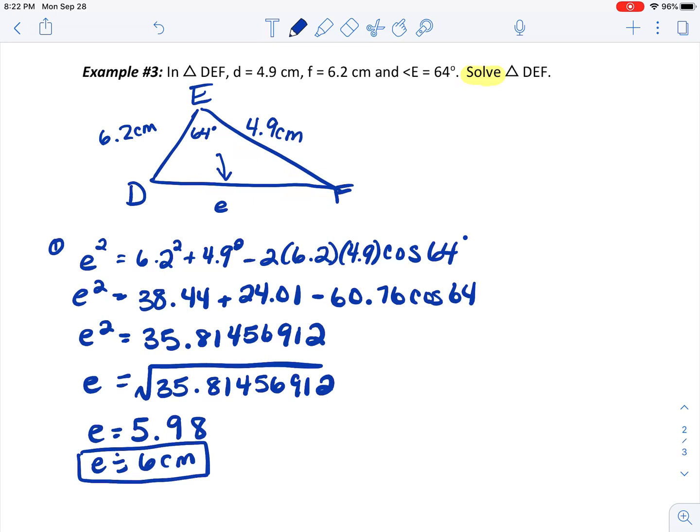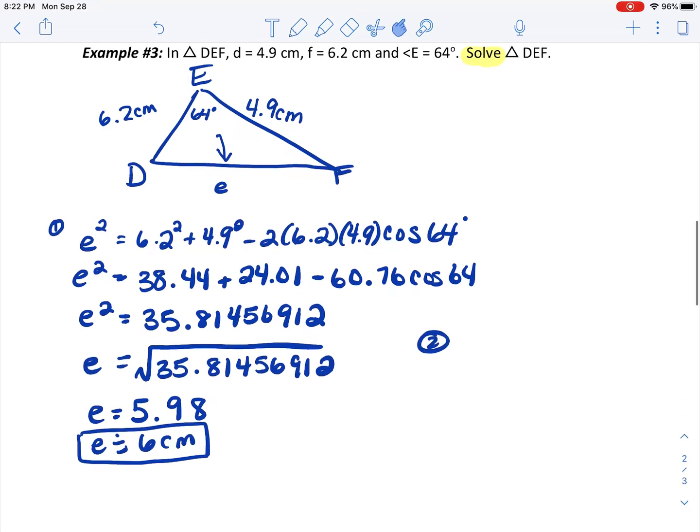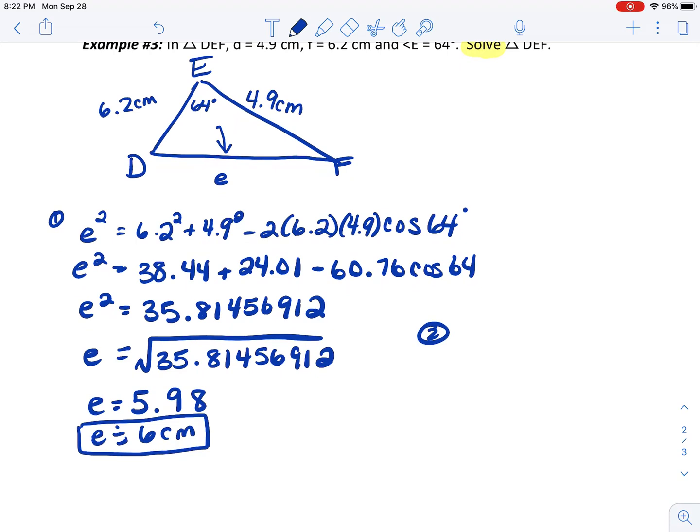So I now have side E, side F, and side D. But I don't have angle D or angle F. Let's go over here. For this one, I need some more space. Okay, now I need to find one of the angles. So I'm actually going to use sine law now.